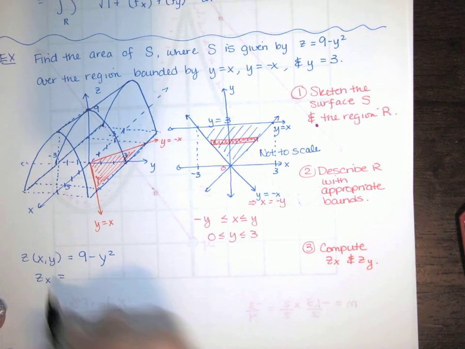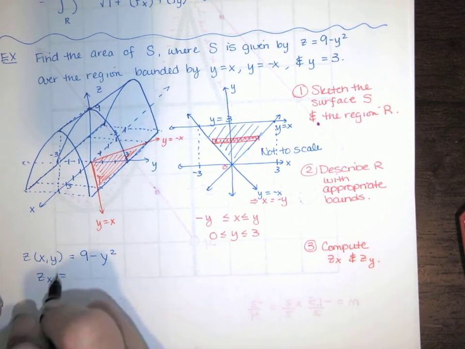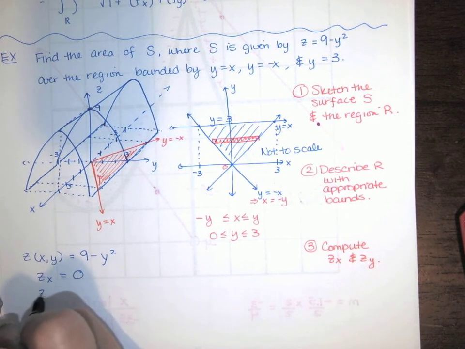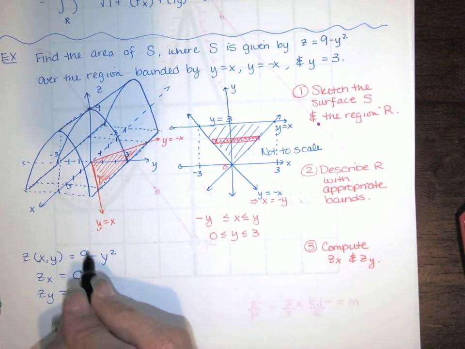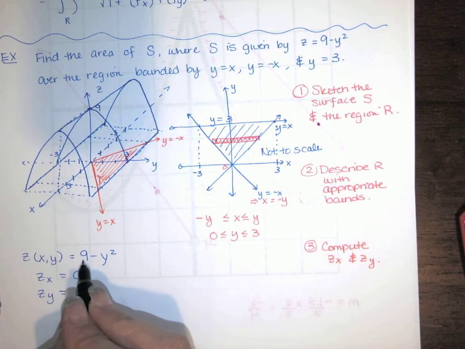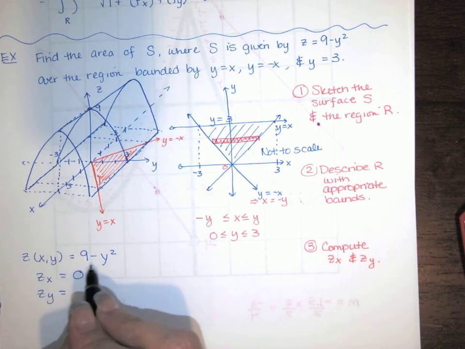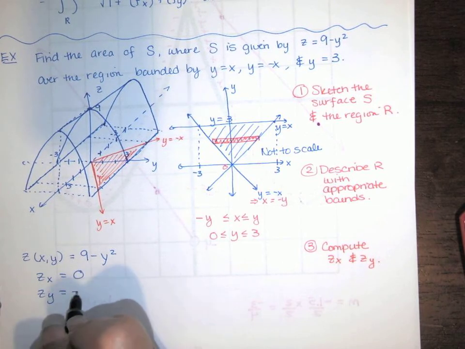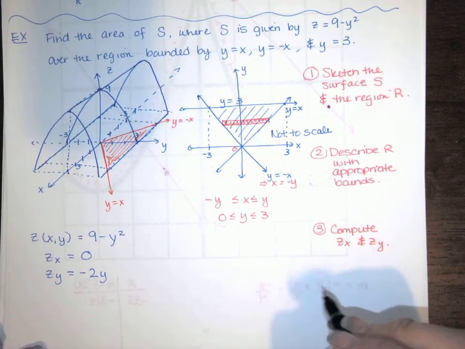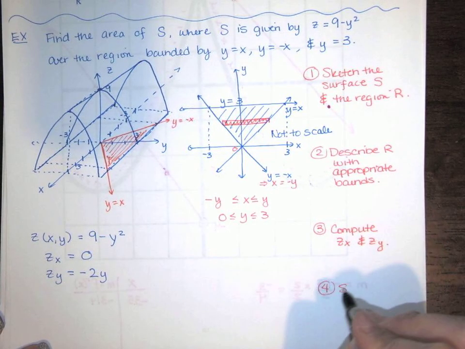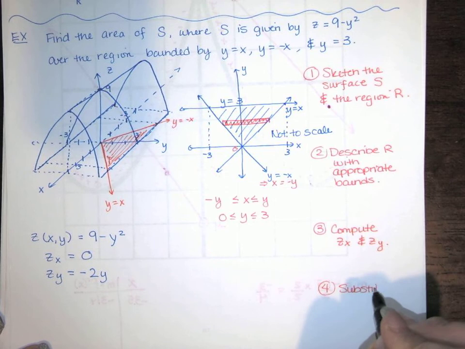Partial of z with respect to x is easy. There are no x's in this, so we just get 0. Partial of z with respect to y, well, the derivative of a constant is 0, and the derivative of negative y squared is negative 2y. So then we substitute everything into our formula.